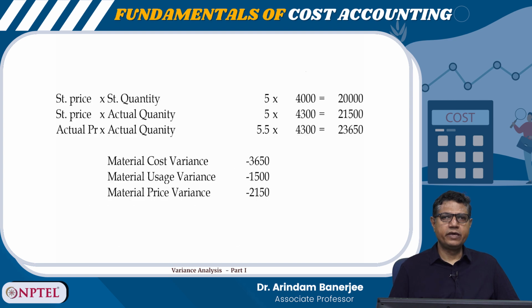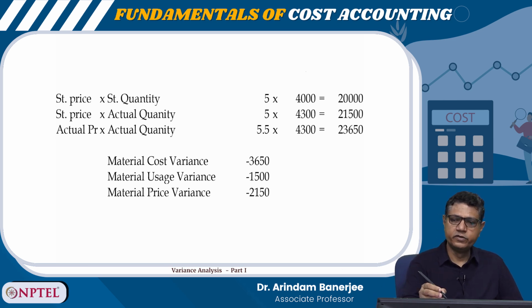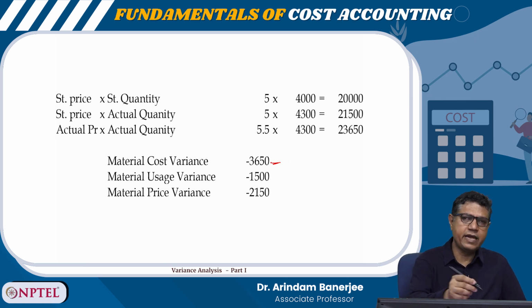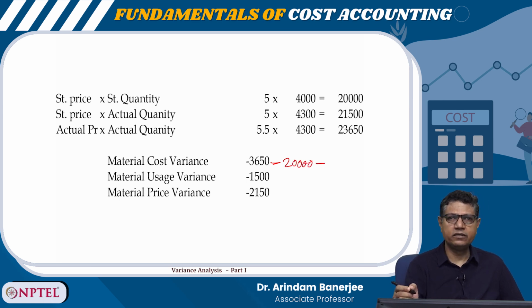So, 20,000 is standard price into standard quantity, and my actual cost, actual price into actual quantity, is 23,650.